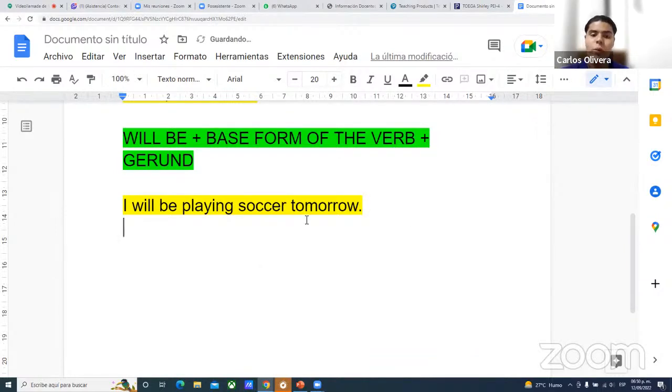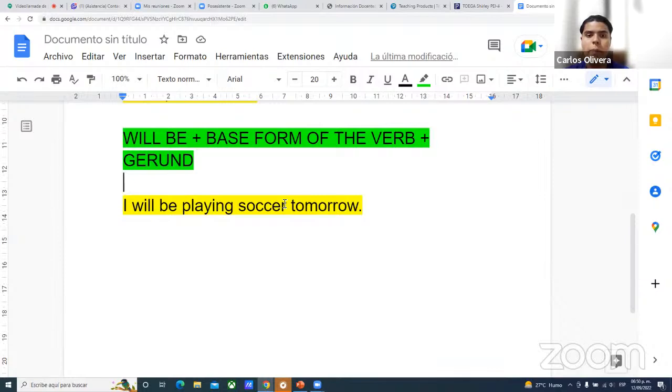And notice here what I told you. I say tomorrow, right? But I never say when exactly. That is to say, I never mention an hour, or I never say I will be playing soccer at, I don't know, 9 a.m. And as I said, you have to respect this rule, okay? Whenever you're using this structure, will be plus the base form of the verb plus the gerund, you are always going to make it noticeable that you're giving a parameter.